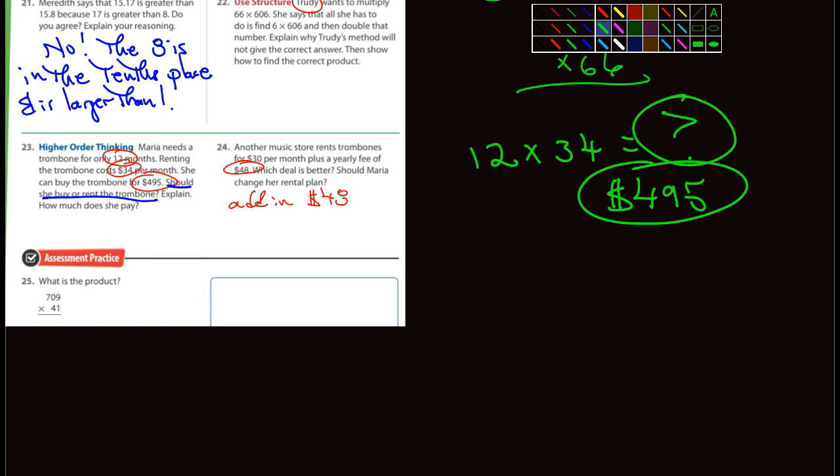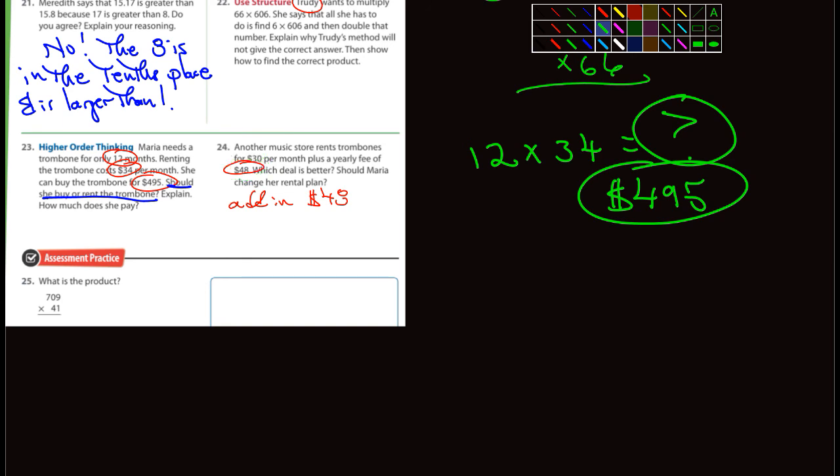And then 24, it points out that another music store rents the trombones for $30 a month. Well, that's cheaper because she's paying $34 a month here. But there's a caveat. In other words, there's something else you've got to factor in. She has a yearly fee of $48, and I circled it there, that you'd have to add in.